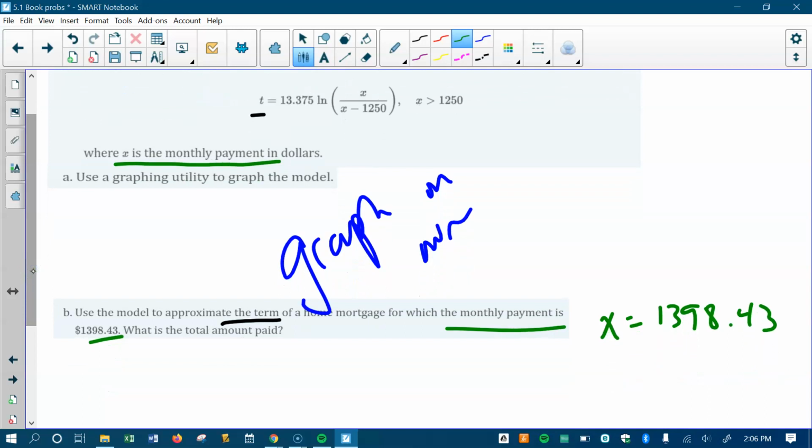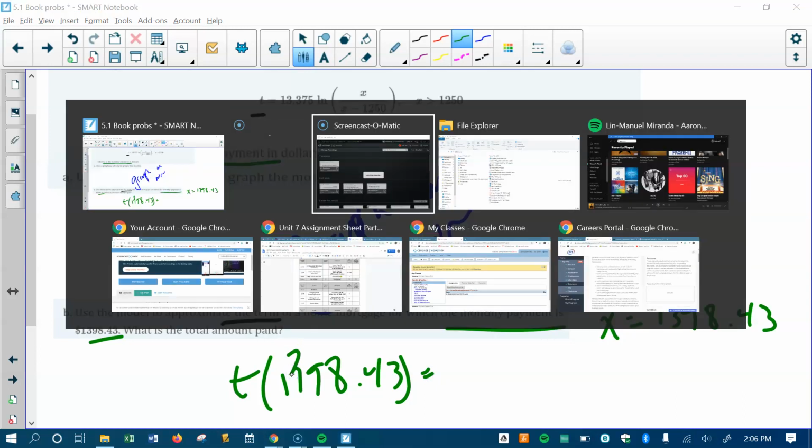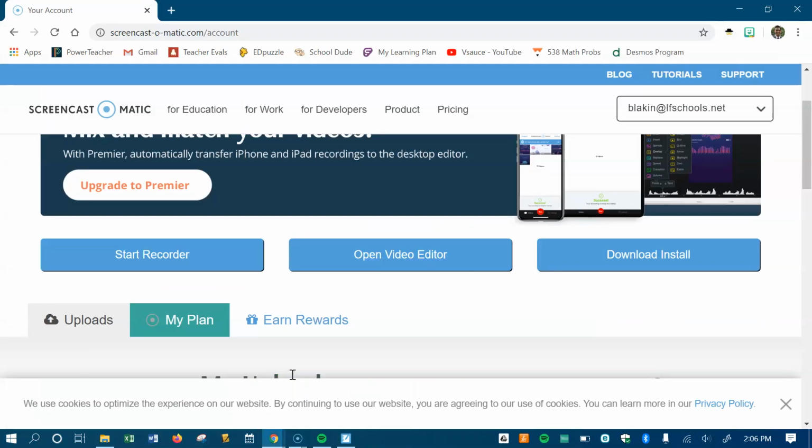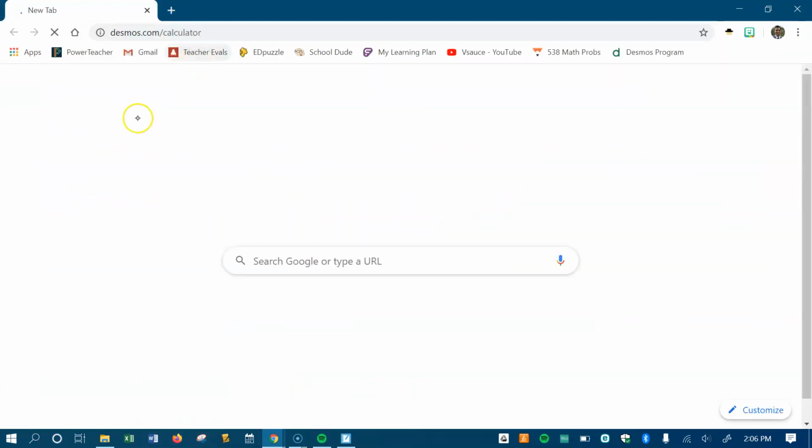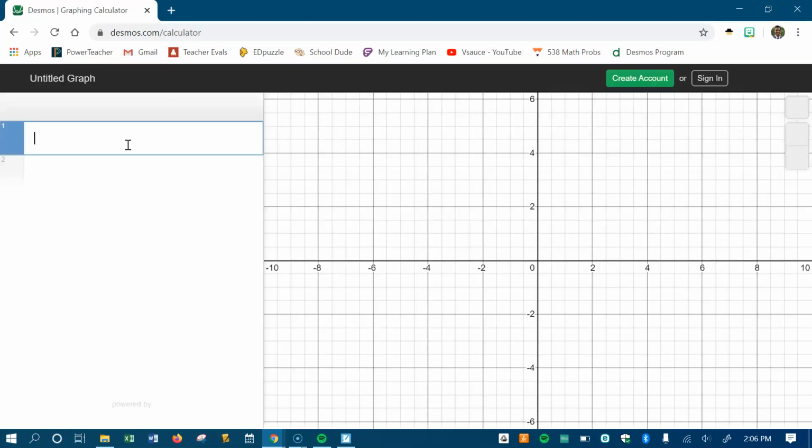Now let's do T of 1398.43, and let's see what that is. I'm going to open up Desmos.